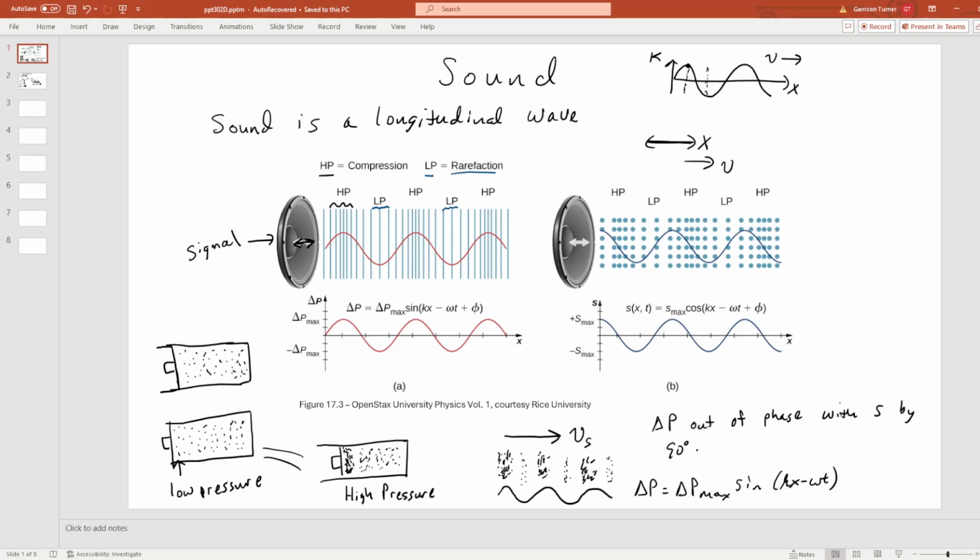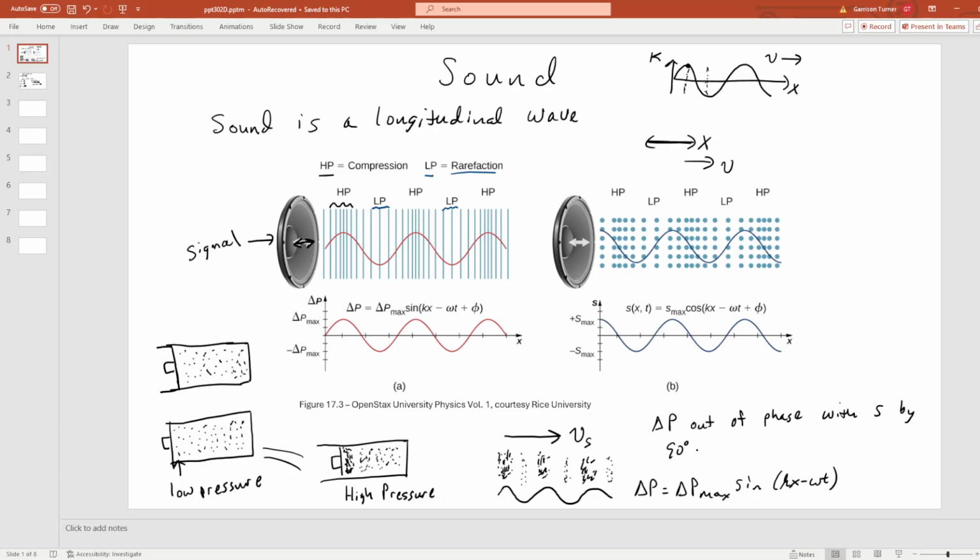You could label the pressure wave as a cosine function and the displacement as a sine function. The only thing is what their phase difference would be, whatever that phase constant phi would be. But they will always be out of phase by 90 degrees to one another. So that's the main point to drive home.